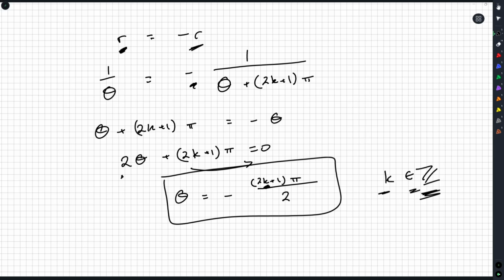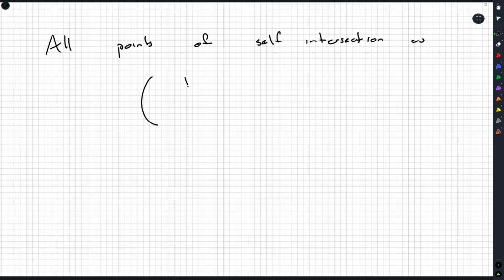And then what are the actual points? Well, the r values are 1 over theta. So we might say all the points of self-intersection are 1 over this theta, and then, of course, this theta here.